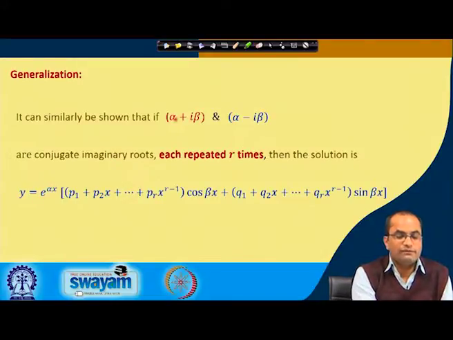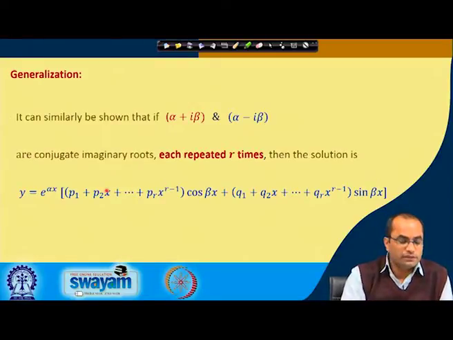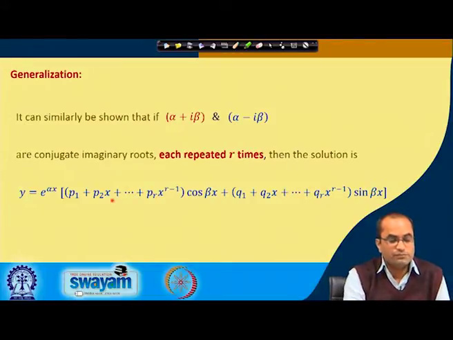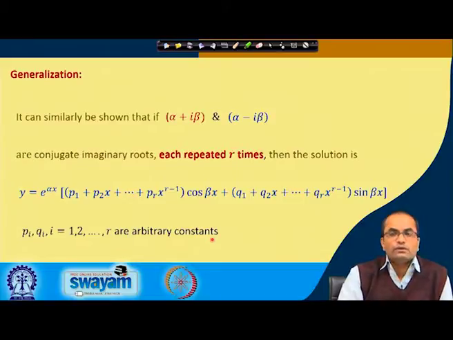So, e power alpha x is the common term here, only the constant term will now become a polynomial: P 1 plus P 2 x plus up to P r x power r minus 1 with the cos beta x, and Q 1 plus Q 2 x plus up to Q r x power r minus 1 with the sin beta x, and all these P's and Q's are arbitrary constants now.